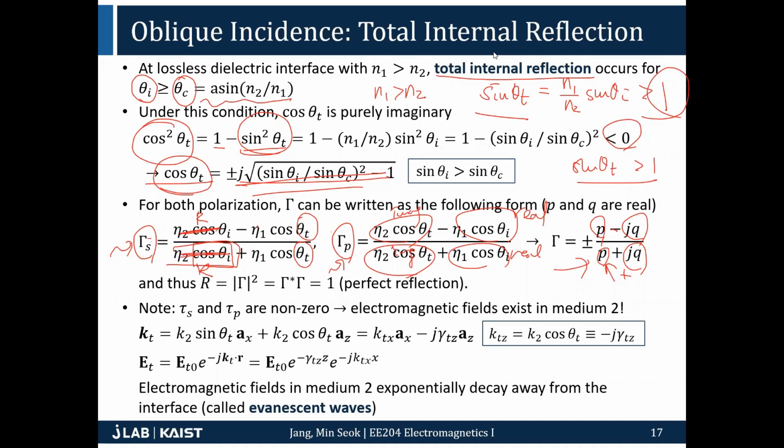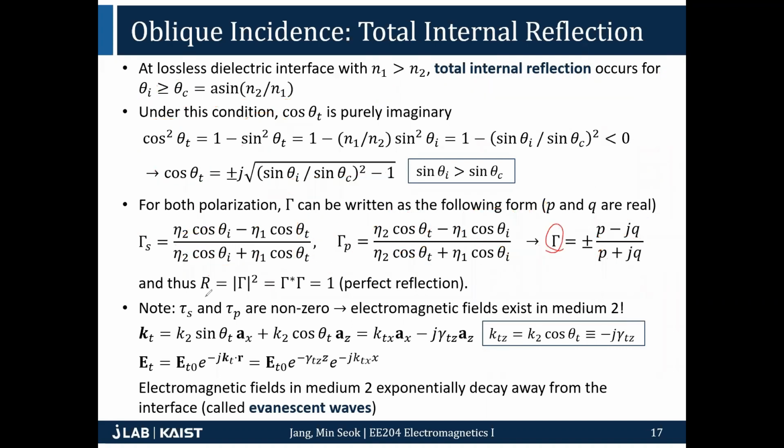So then the reflectance is the absolute square of gamma. There's no problem in calculating this gamma, and that's 1, right? Because if you look at this relation, let's say this is the real axis and this is the imaginary axis.